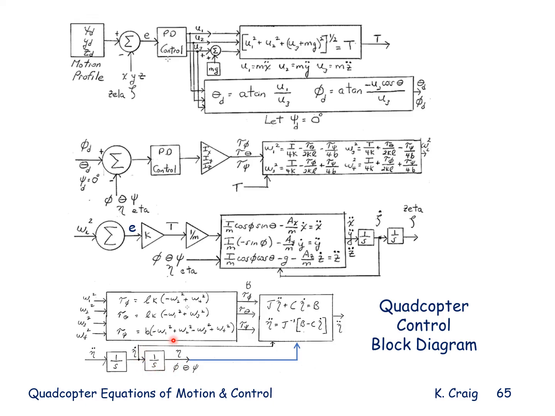And eta dot is fed back into this block in order to then solve these equations. The output is then eta, which are the values for roll, pitch, and yaw, which are then compared to the desired values for roll, pitch, and yaw in this summing junction. This then is the complete quadcopter control block diagram.